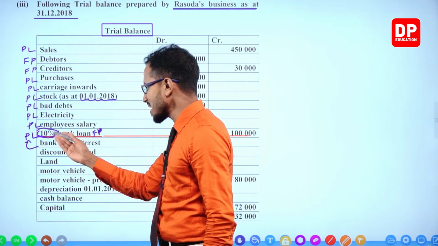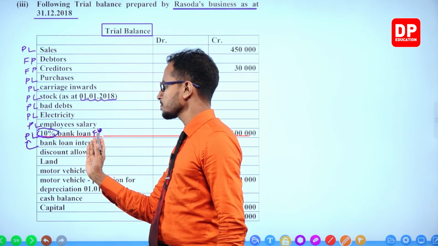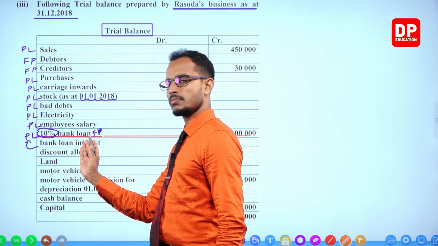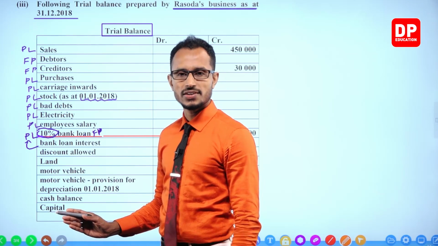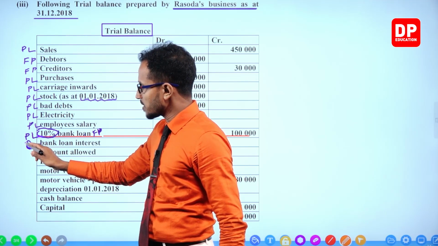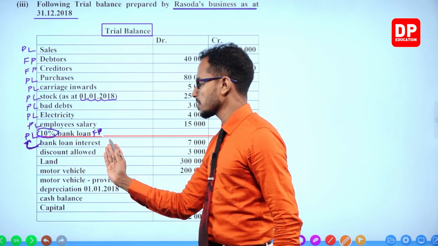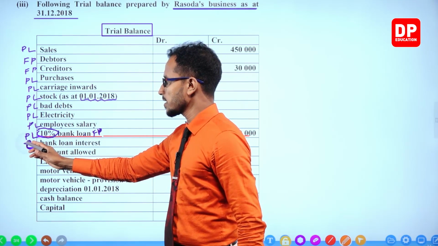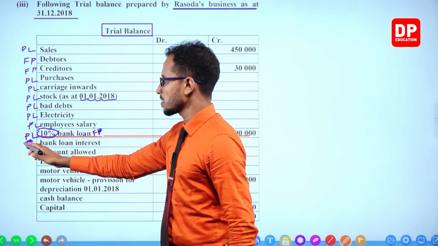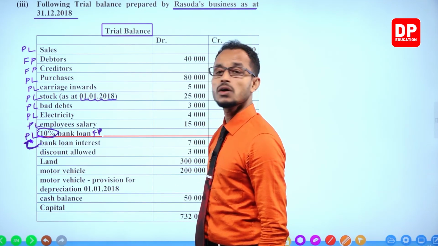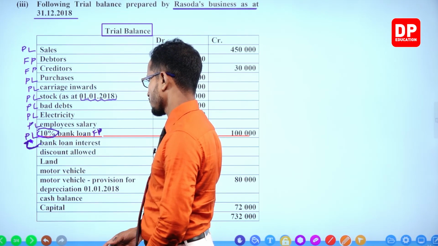This 10% given with the bank loan is the bank loan interest rate. So the bank loan interest given below is connected to the 10% given above. I'll explain it when we do it.